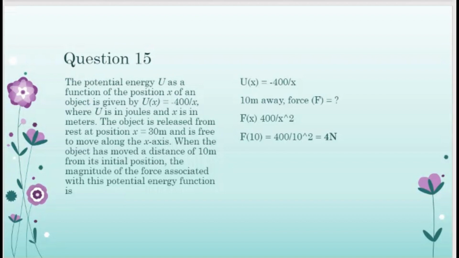When the object has moved a distance of 10 meters from its initial position, the magnitude of the force associated with the potential energy function is, and as you can see, we take the derivative of the equation, as the derivative of the change in energy over distance is equal to the force. In doing that and plugging in 10 meters, we get the force at 10 is equal to 400 over 10 squared, or 4 newtons.